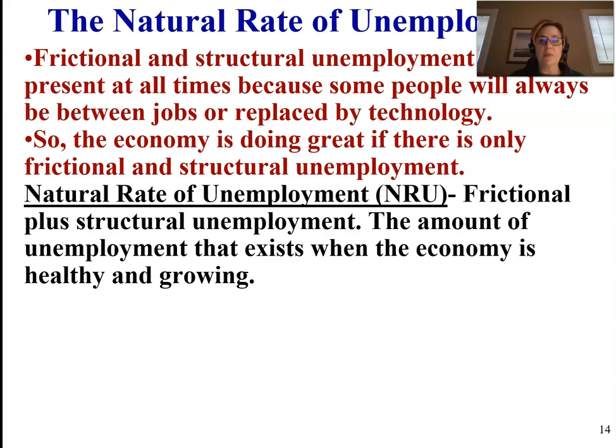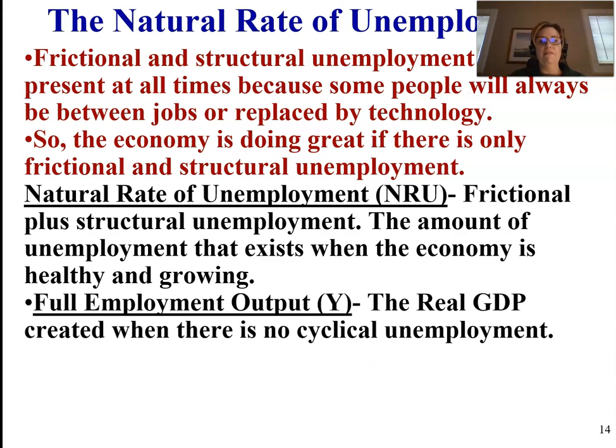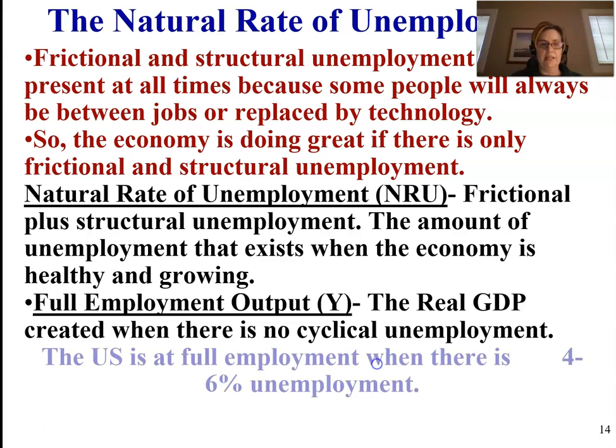The natural rate of unemployment is frictional plus structural unemployment, the amount of employment that exists when the economy is considered to be healthy and growing. Full employment output is the real GDP created when there is no cyclical unemployment. The U.S. is considered to be at full employment when there is 4 to 6% unemployment.